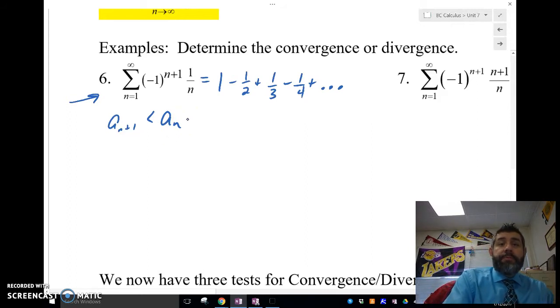It's probably better just to say this right here: a sub n plus 1 is less than a sub n, in absolute value.